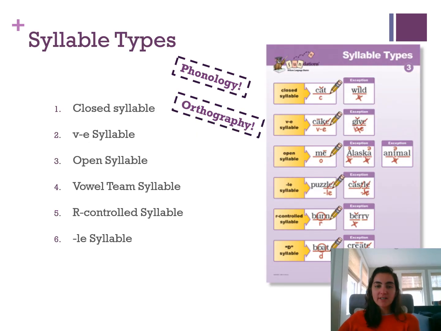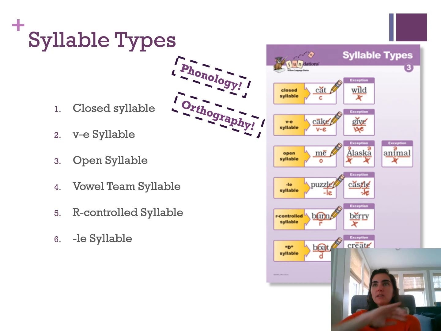I've said it in another presentation, but the syllable type should be this big umbrella you have for really organizing your teaching for children, depending on where you are in that continuum or scope and sequence. You should know which syllable types they can read and spell. And sometimes they can read syllable types before they can spell them. So closed syllable words, that's mostly at the phonological level.